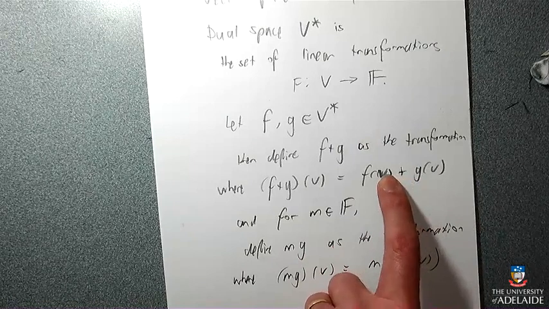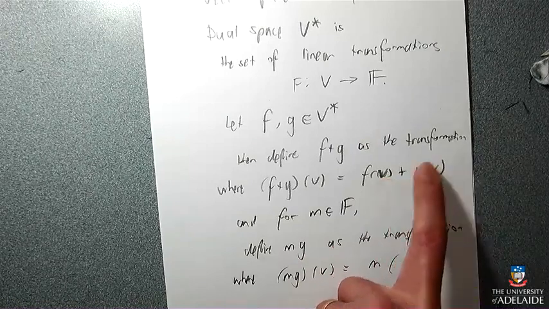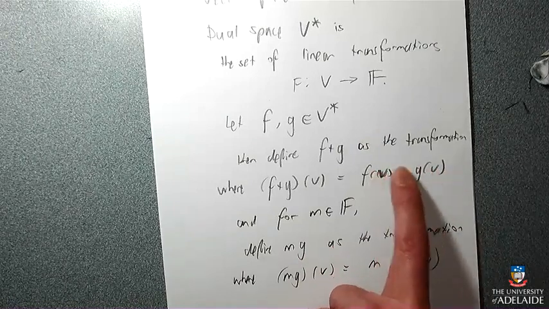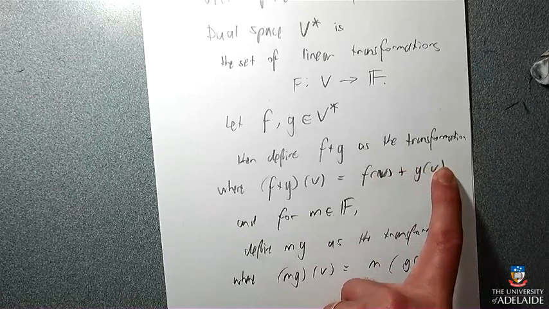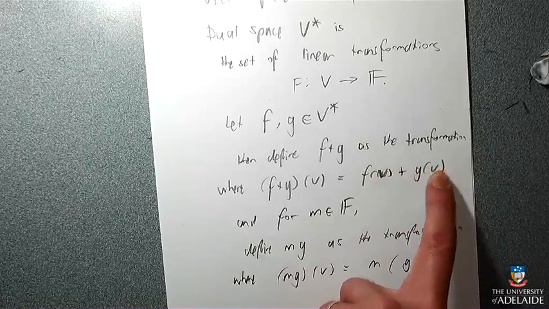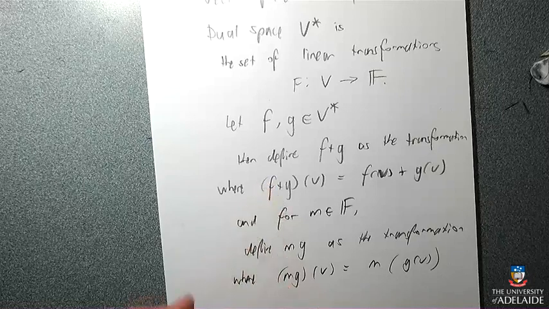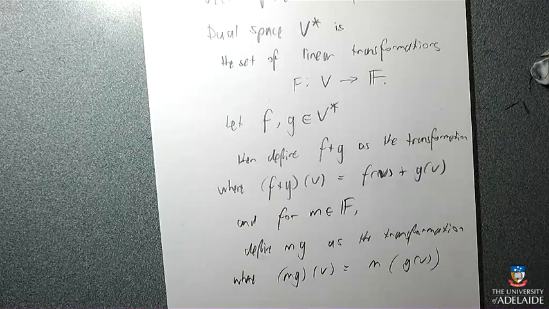And still, if I have v plus w, the f will split over the v plus w and the g will split over the v plus w, and then you'll be able to recombine them into f plus g of v. Yes, it still works. Okay. Cool. Right. So that's what the dual space is, I'm pretty sure. Does that sound good? Okay.